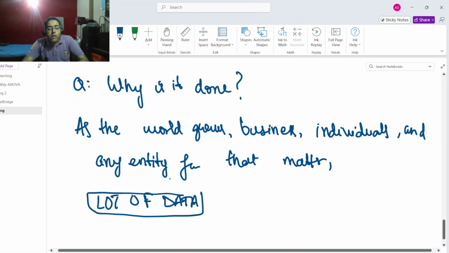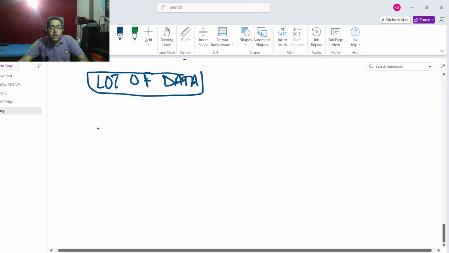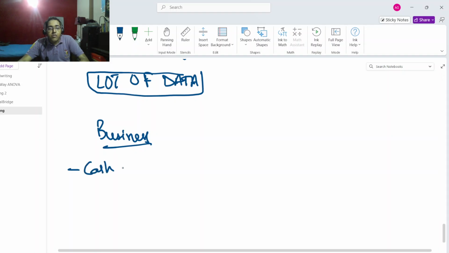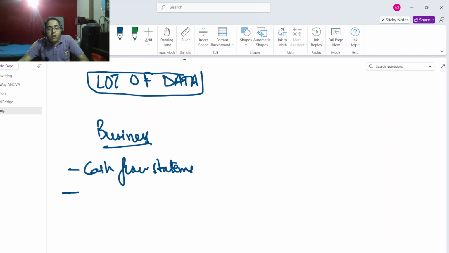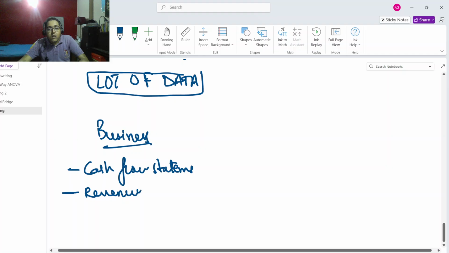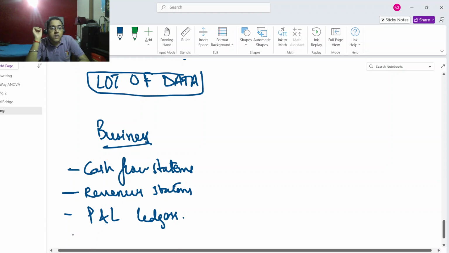If it's a business, they have their cash flow statements, their revenue statements, their profit and loss ledgers. I don't know the actual terms, I'm just telling you what all the businesses need. Their market penetration numbers, how much they are actually selling.